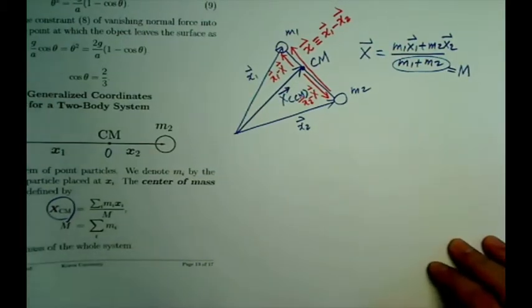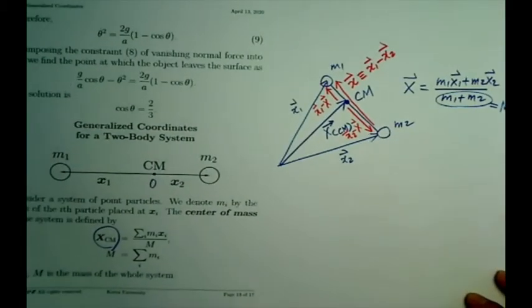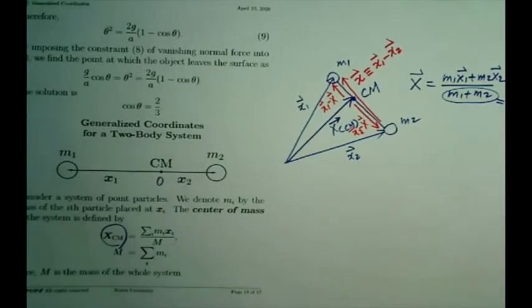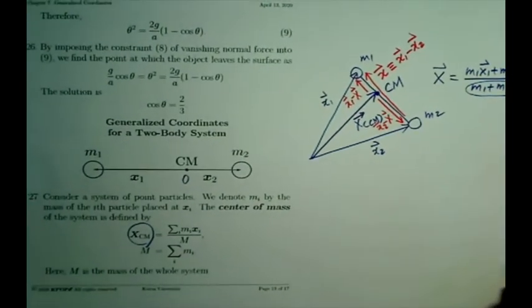Now, we consider the generalized coordinates for a two-body system. This two-body system analysis is very important in any kind of classical mechanics, and even in quantum mechanics.